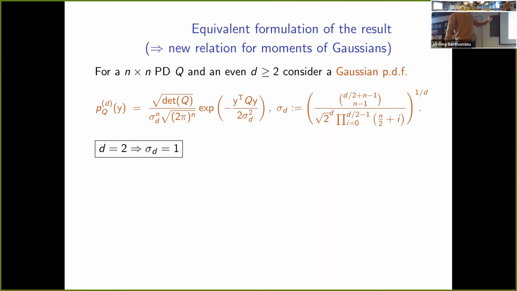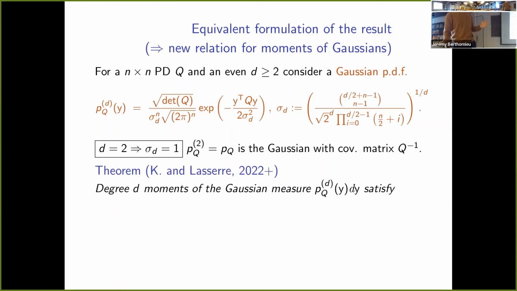Again, if d equals 2, this extra normalization constant sigma_d will be 1, and this will be just the classical Gaussian density with covariance matrix Q inverse. That's an equivalent formulation of our result.